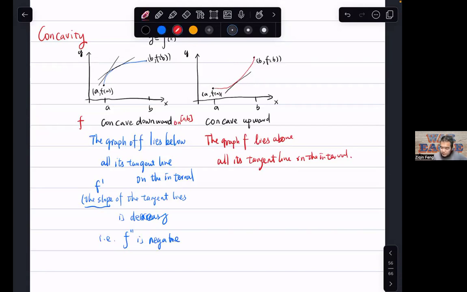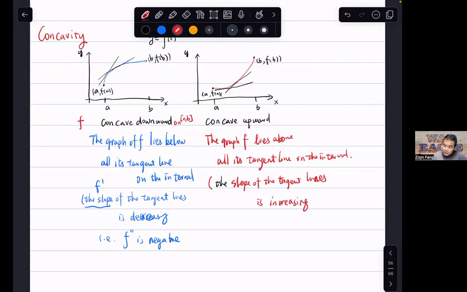And very similarly, in the concave upward case, if you sketch a few more tangent lines, you can see that the tangent line is getting steeper and steeper as x gets larger and larger, which means the slope of the tangent lines is increasing, getting greater and greater, because the tangent line is getting steeper.